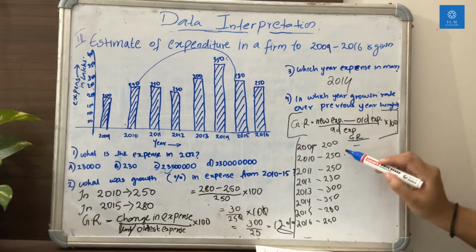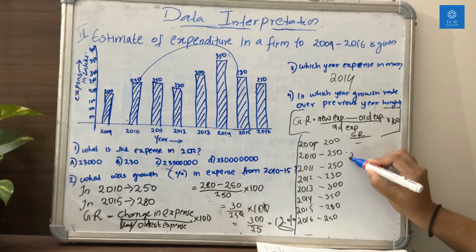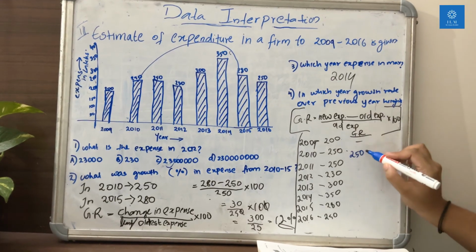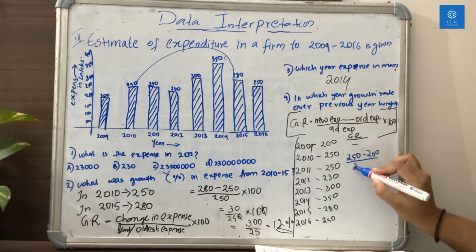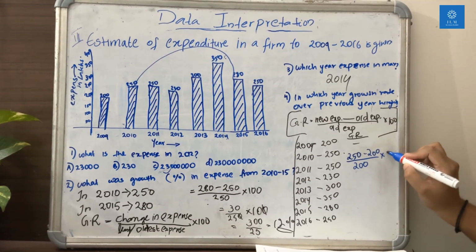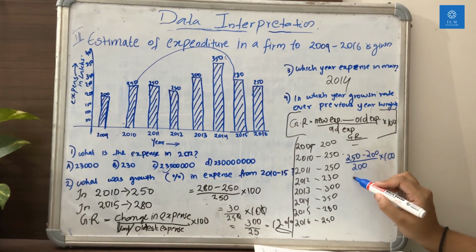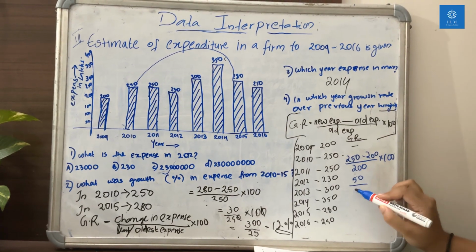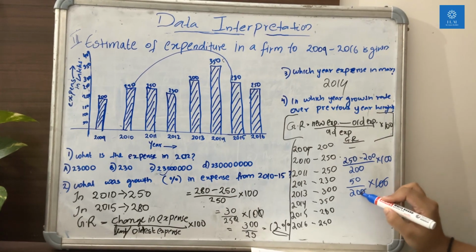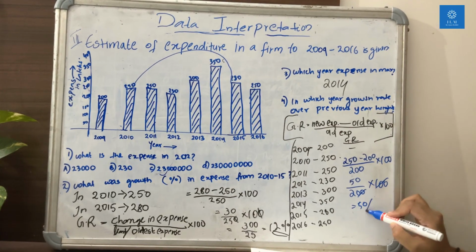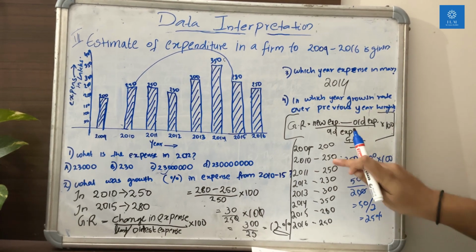So here new expense of 2010 we are calculating. So that will be 250 minus old expense is 200 by the oldest expense, again it is 200 into 100, right? So here what is 250 minus 200? That is 50 by 200 into 100. So again simple calculation, 50 by 2, that is 25 percentage. So the first one, growth rate is 25 percentage.